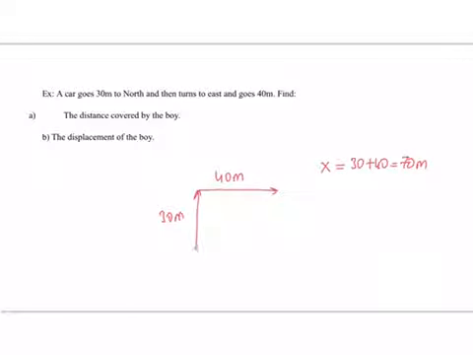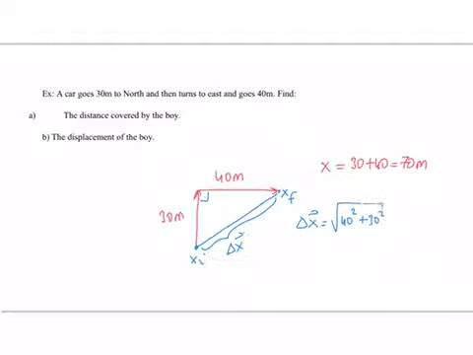For the displacement, this is the initial and this is the final position. So this line represents the displacement of the boy. From the Pythagorean theorem, the displacement will be equal to root of 40 square plus 30 square, which is equal to 50 meters.